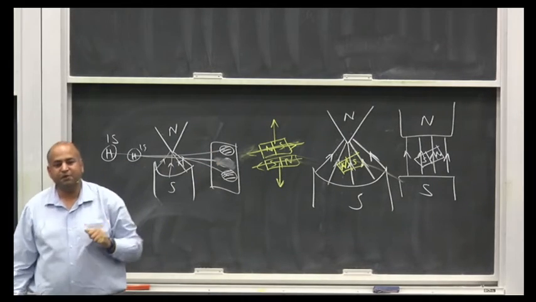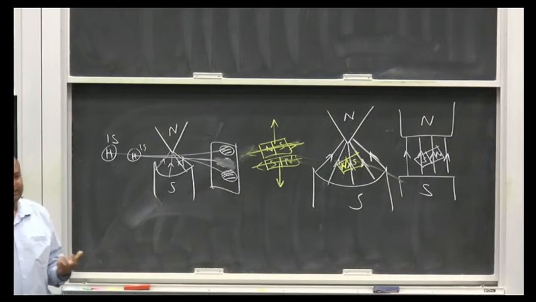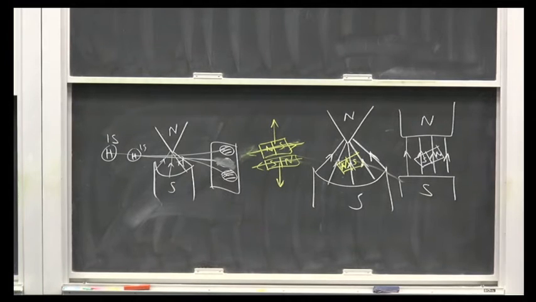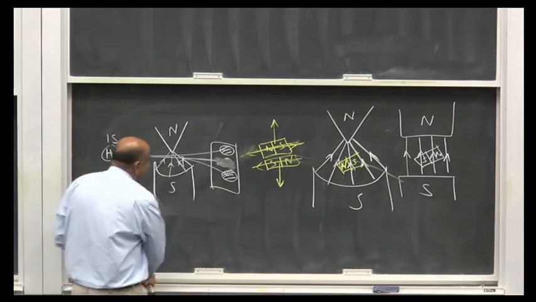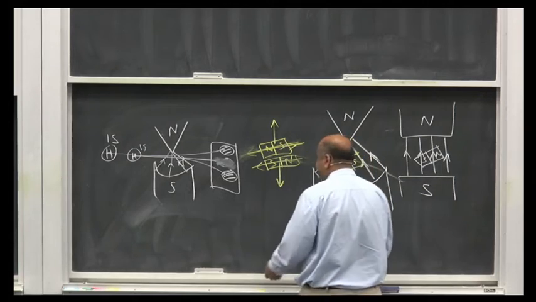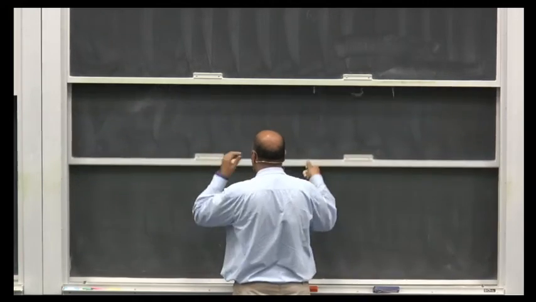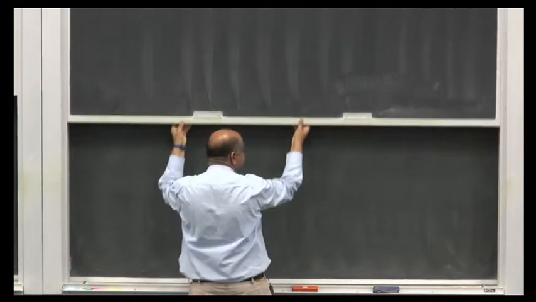So this forced people to another conclusion, that there is another source of angular momentum. That new source is what we call the intrinsic spin.